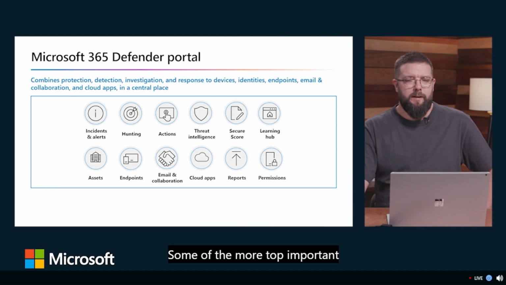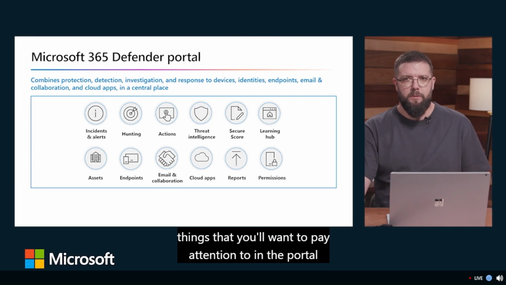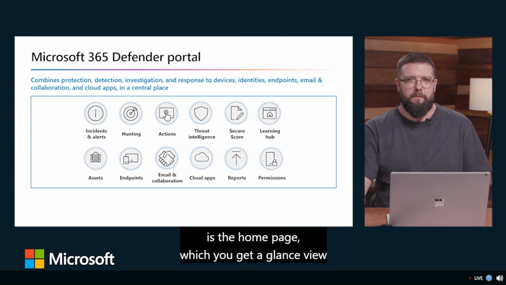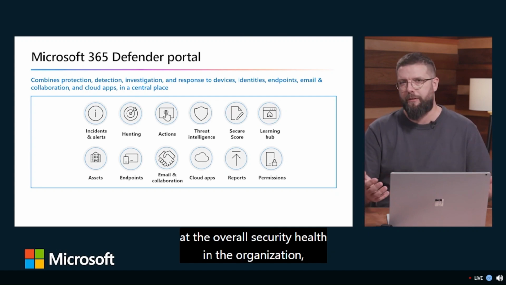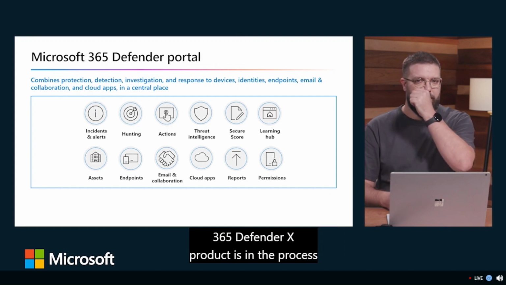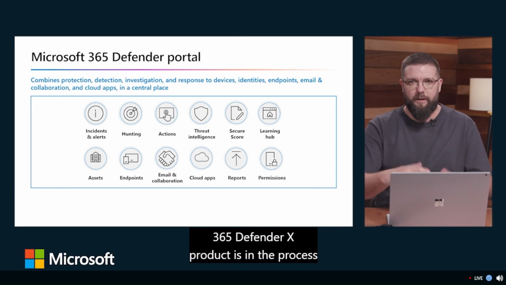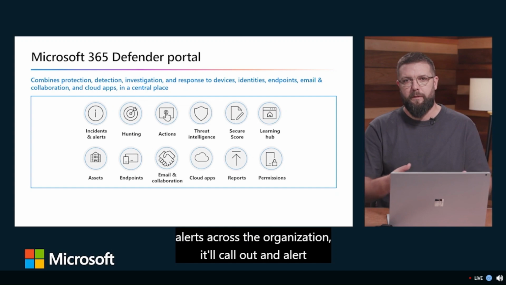So some of the more top important things that you'll want to pay attention to in the portal is the homepage, which you get a glance view at the overall security health in the organization, the incidents and alerts, which will detect, as the Microsoft 365 Defender X product is in the process of looking at the different services and apps that are creating alerts across the organization.